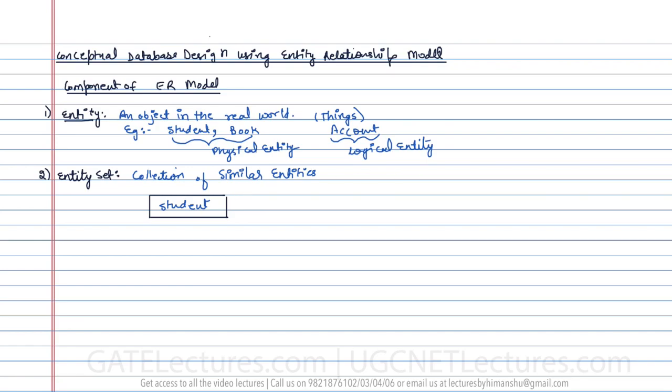Next we have something called relationships. A relationship denotes the association among different entities.